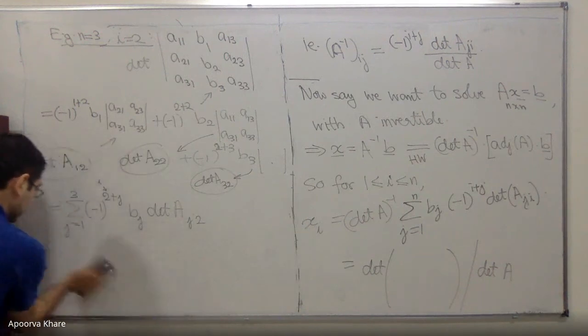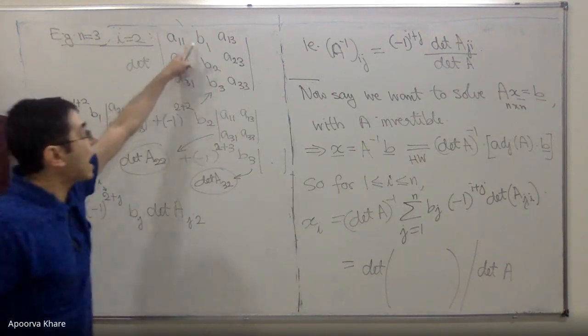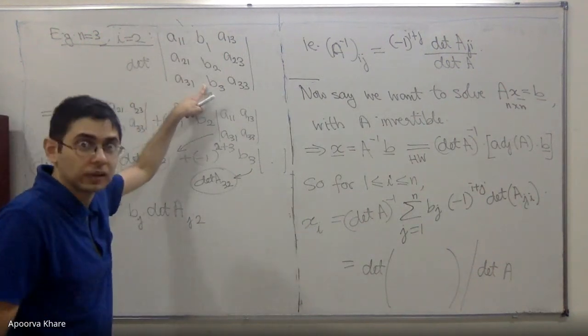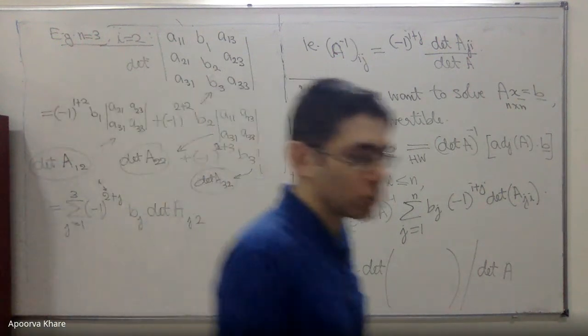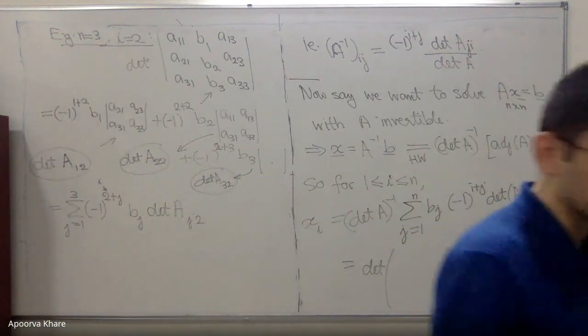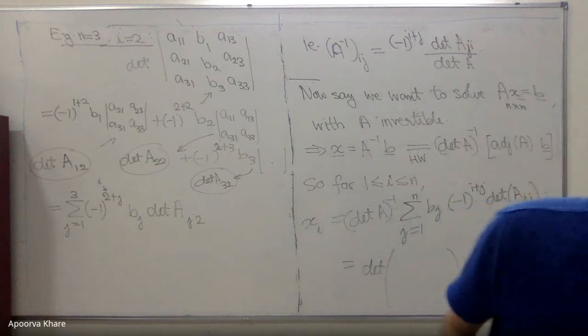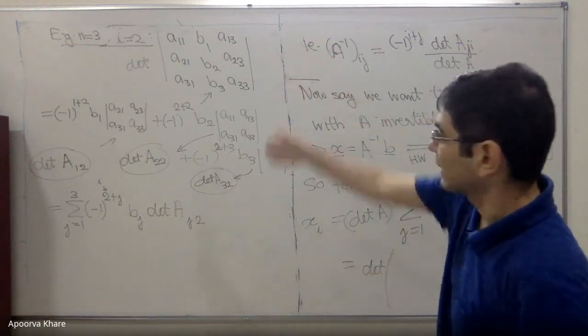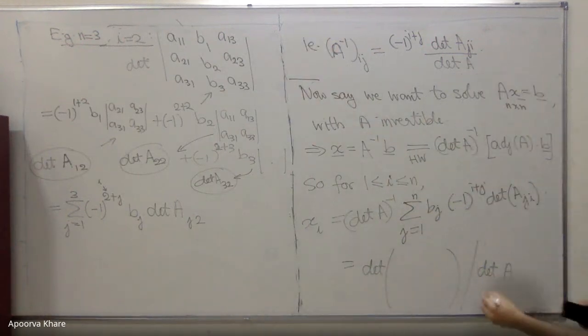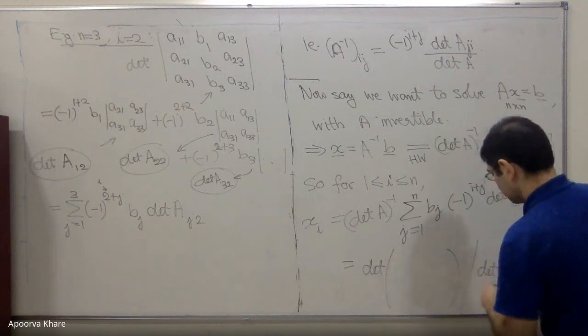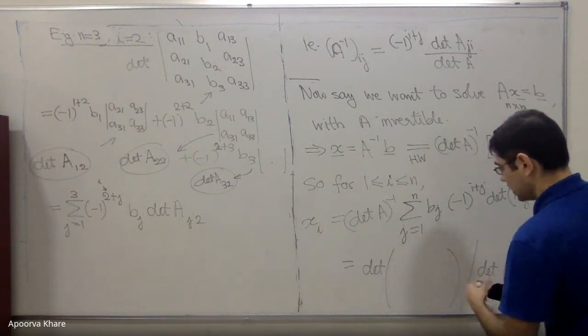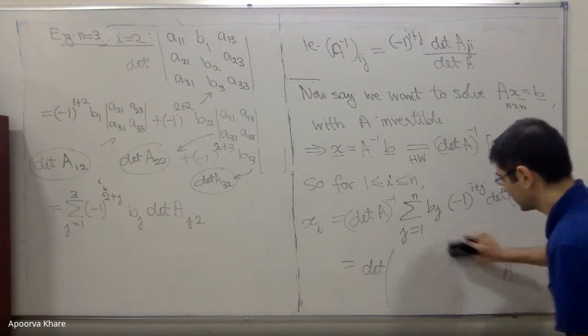So the idea basically is exactly that. You replace the ith column, although normally you think of i in terms of rows and columns and so on, you replace the ith column by the vector b. So that's what you do here. So let's in fact do it this way.